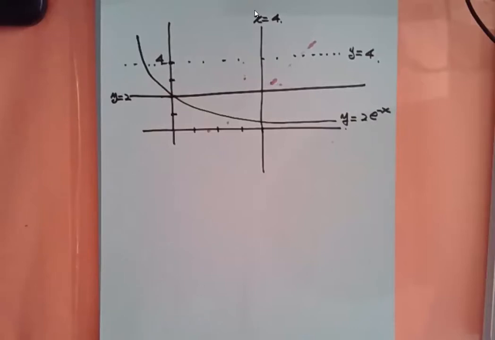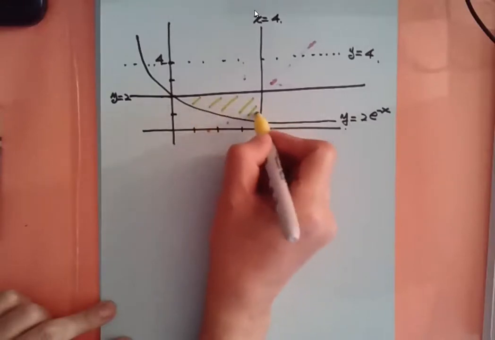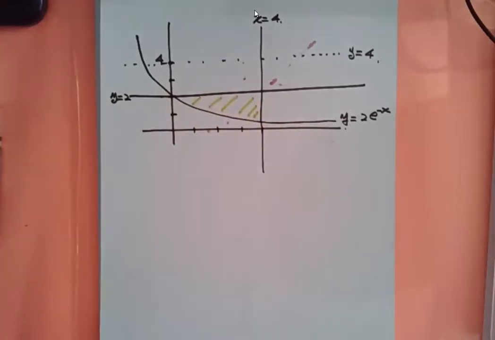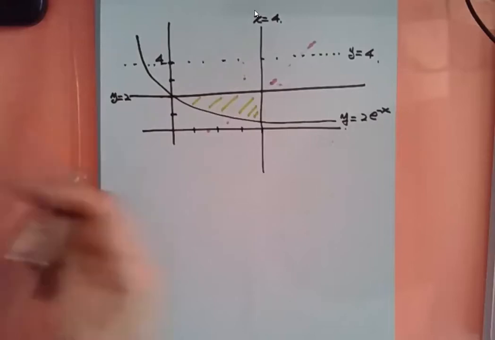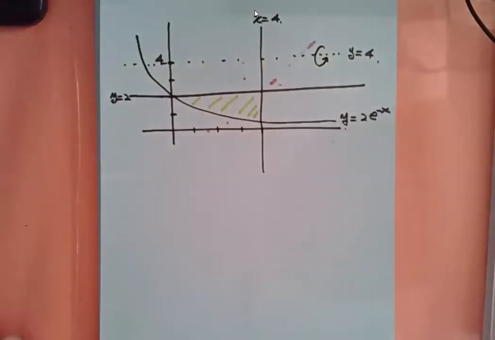The region bounded by those 3 graphs is this region. And what they're saying is we have to rotate around this horizontal axis.